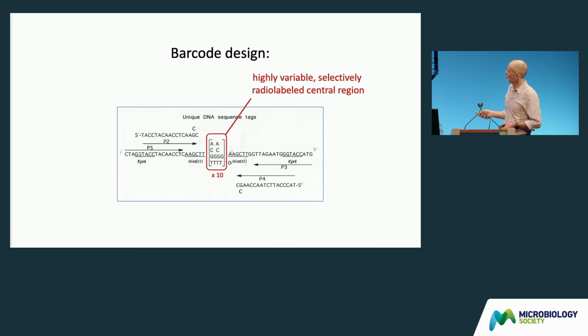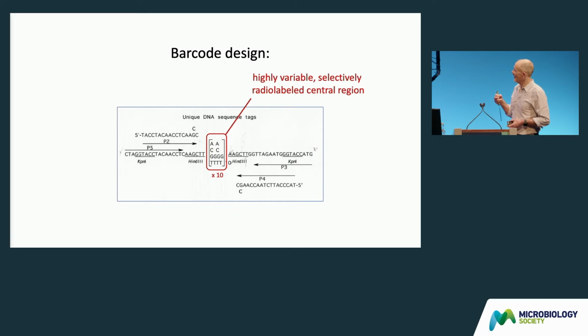And these variable regions, which were enriched in Gs and Cs, which could be selectively radiolabeled, were flanked by arms of invariant sequence. And this would enable all of the signature tags or sequence tags to be co-amplified, but then the arms could be released with these restriction enzymes to reveal these selectively labeled central regions, which would consist of unique signature tags.